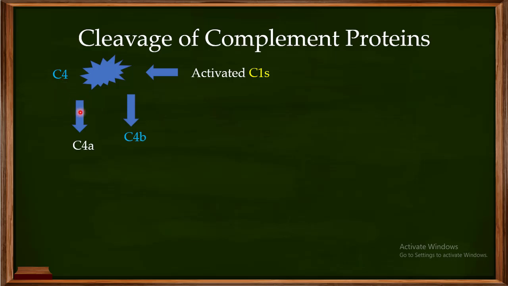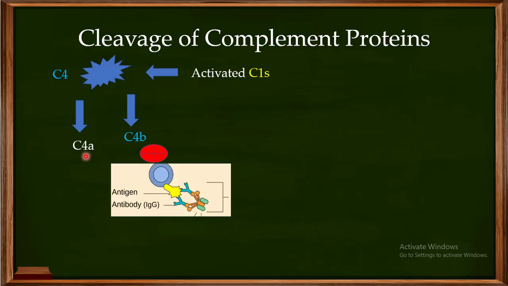It is usually the C4b that is responsible for the formation of a complex on the target membrane, as you will see in a while. The smaller fragments are usually responsible for mediating a local inflammatory response, but they are not responsible for making the MAC complex, which we will see at the end of this lecture.